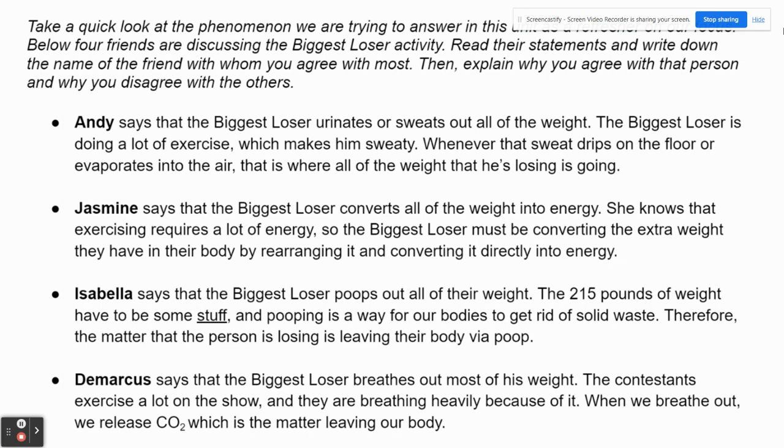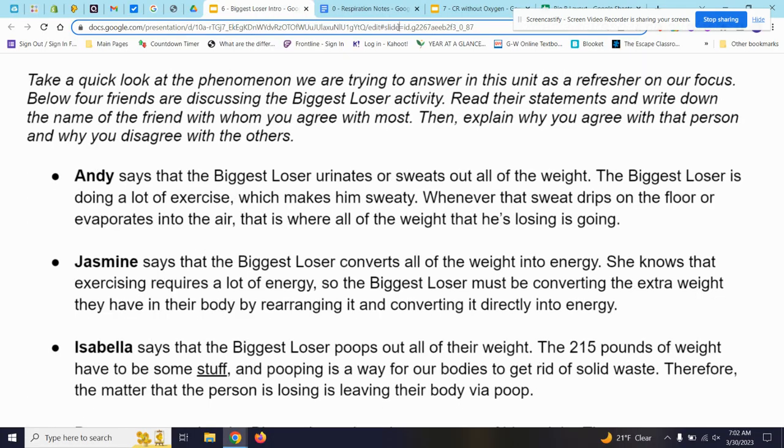Or either backing up your person: if you think Andy's right, you're going to back up using the information from the articles. Why is Andy right? If you think Jasmine's wrong, you're going to use information from the article to back up why Jasmine is wrong. Okay, and I'll show you what that information is right now.